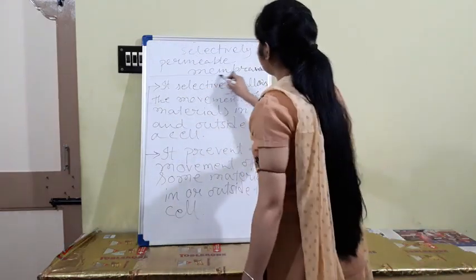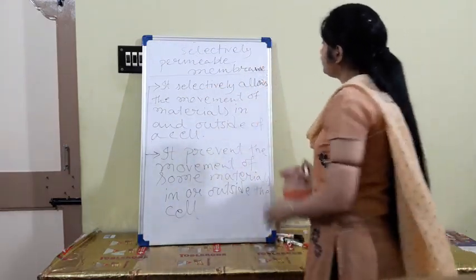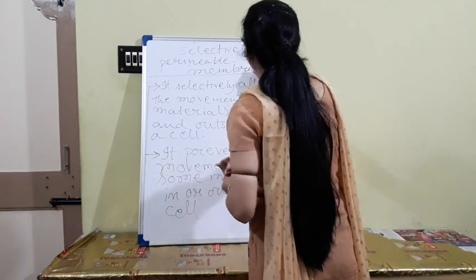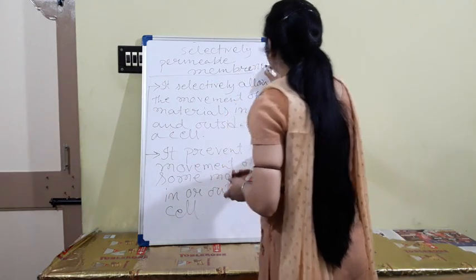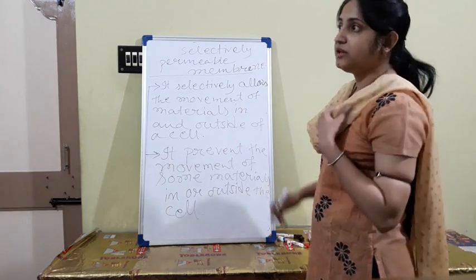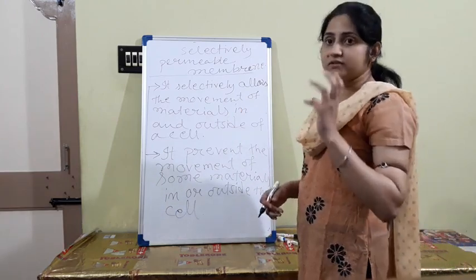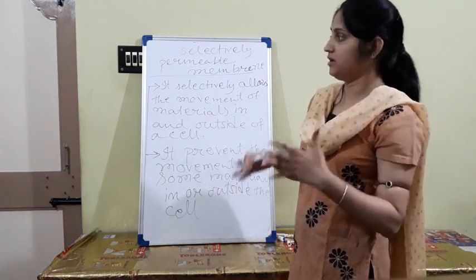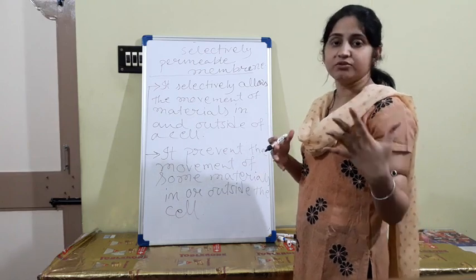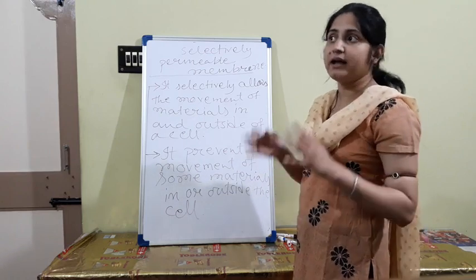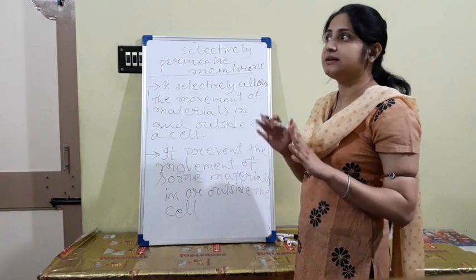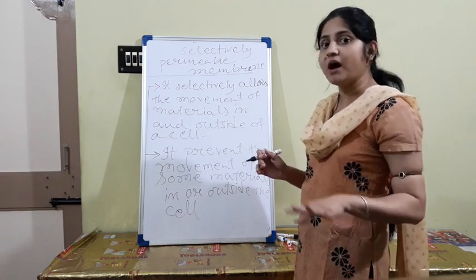Why is the plasma membrane called a selectively permeable membrane? Because it selectively allows; it knows which material is useful for the cell and which is toxic for the cell. So it allows the important, useful material to get inside the cell, and the toxic, unnecessary waste product is kept out of the cell.